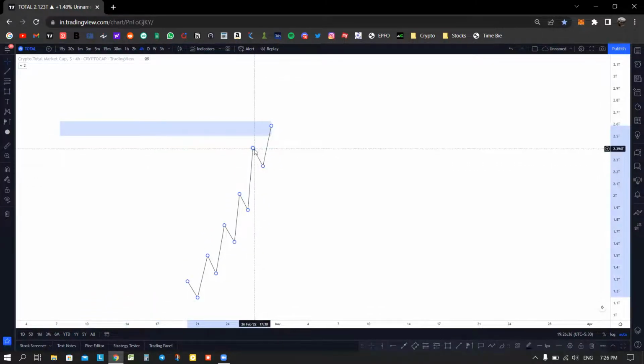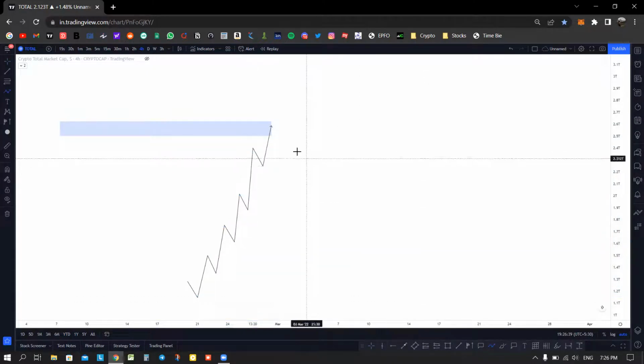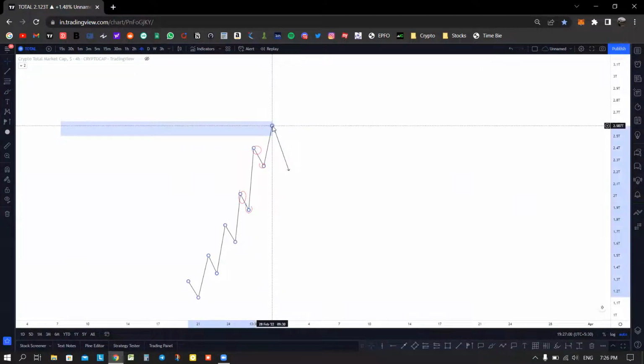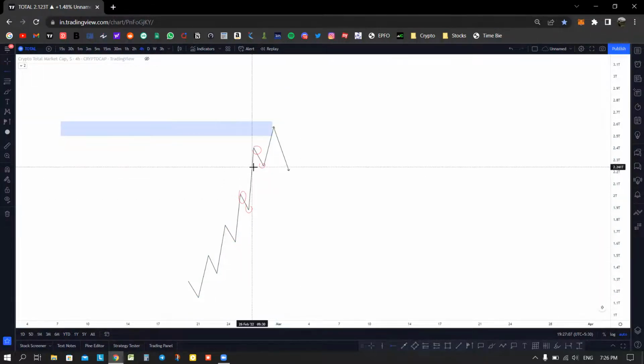If price hits this demand zone and takes out the previous low, this was our swing high, swing low. Even the supply zone in case of a bullish trend. Yeah, sorry, this last supply zone. If price hits this last supply zone and takes out this last swing low, that's when I will call this a minor break in market structure.